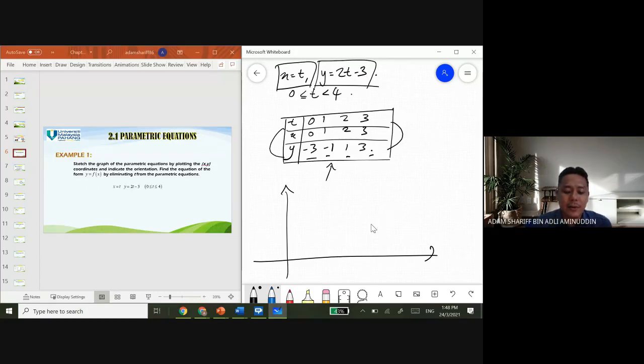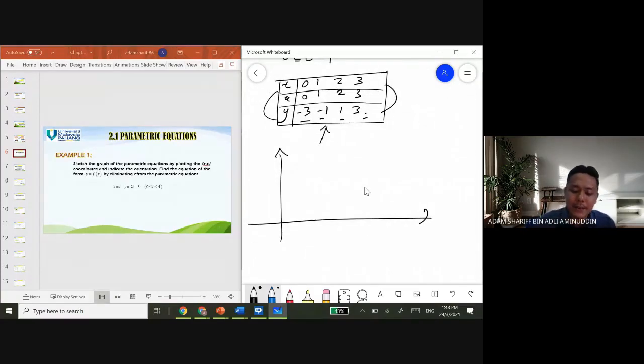So kosong, negatif 3. Buat macam biasalah. Ni adalah x, y. In the graph that will be drawn here, you will not draw t. T is the parameter which reflected by this x, y. And based on this parameter x equals to t, y equals to t, 2t minus 3, cuba lukis.